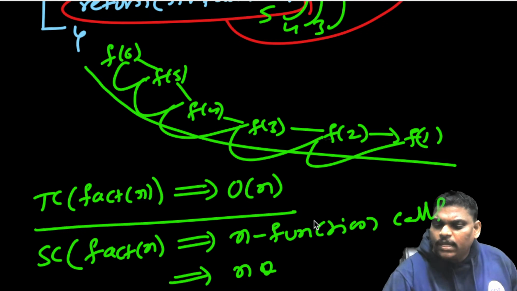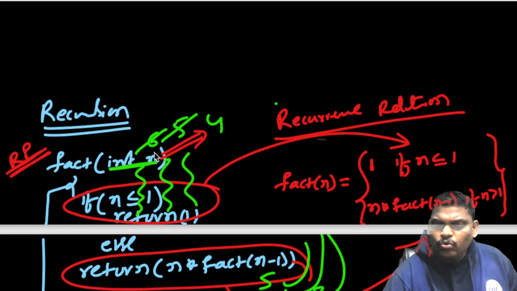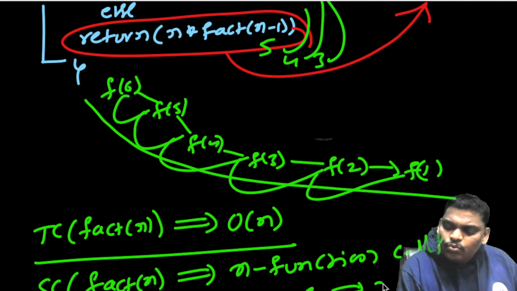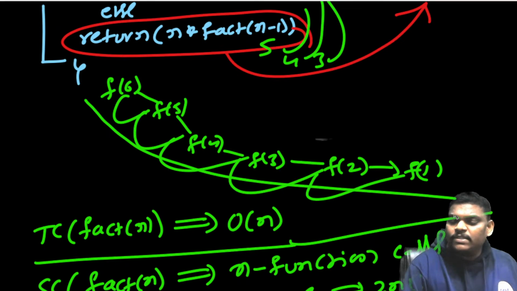Every function call will take 2 bytes because there is an int n. So finally 2n bytes, finally order of n space. Right? Space complexity means stack space, how much.